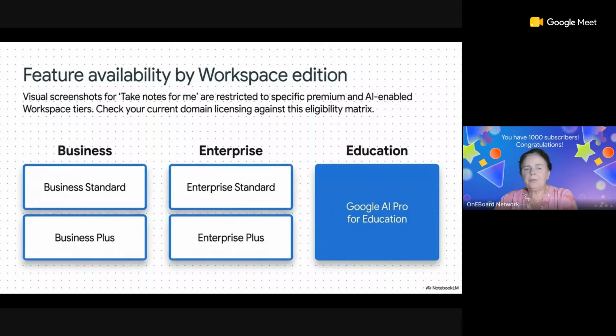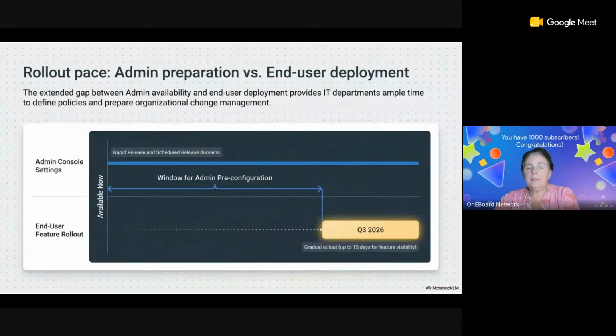The feature is available for Business, Enterprise, and Education AI Pro. It is not rolled out yet. It will be live at the end of September earliest, so you have time to take care of these settings.